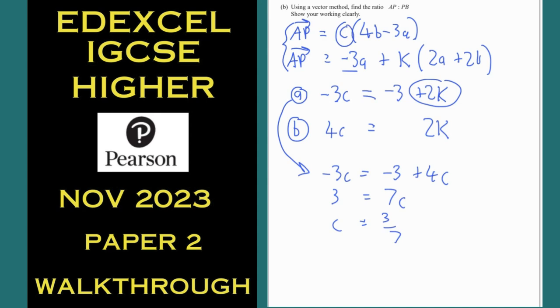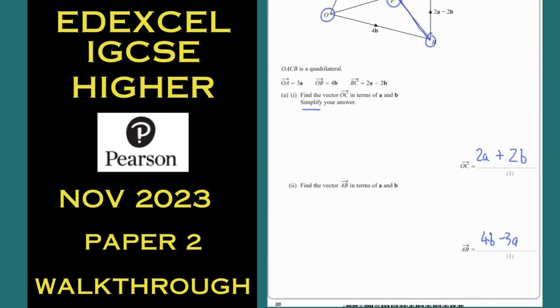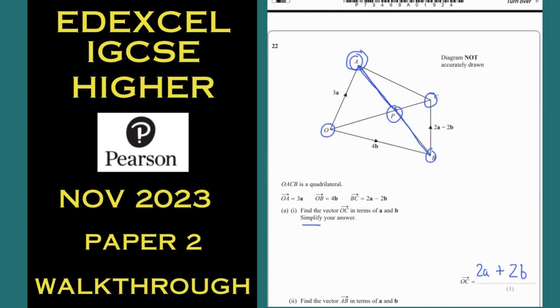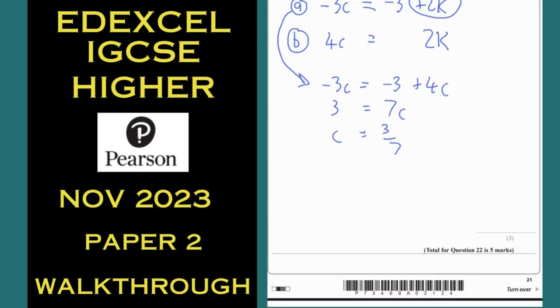Now, what was c? C was the multiplier, or in other words, the fraction that referred to what I multiply A to B by. So if that is 3/7 of the line, that is 4/7 of the line.